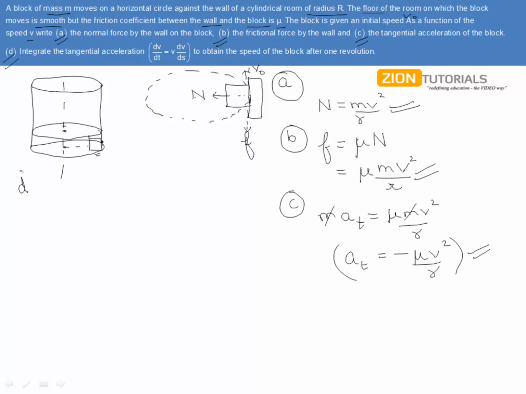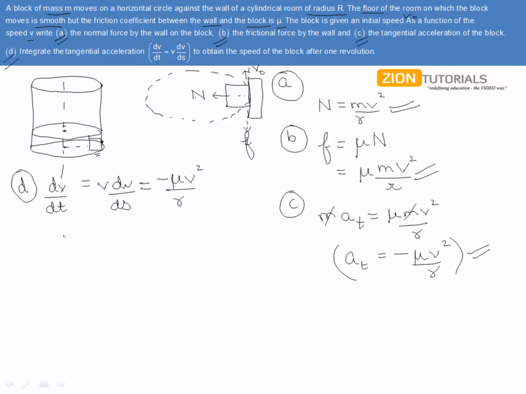Proceeding to the fourth part of this question, we need to integrate the tangential acceleration. Tangential acceleration is dv by dt, which also equals v dv by ds, and this equals minus mu v square by r, as we found in the third part.